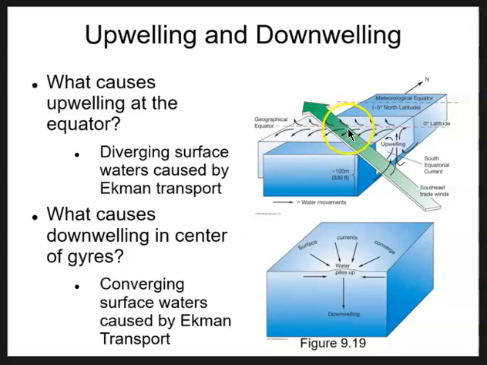So if you look at this arrow in the direction it's going, the waters below this wind are going to be diverted away from the geographical equator, going away north of it and then going away south of it. And so when you have waters that are diverging or moving away from one another, you're going to have water come up in between that area where they're diverging. And so what we end up with is a zone of upwelling right along the geographical equator.